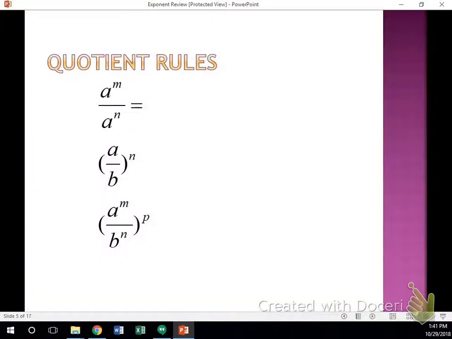After product rules, we have quotient rules. So notice on these ones, we are dividing. That fraction bar means we're dividing. If we are dividing the same base with different exponents, what do we do?